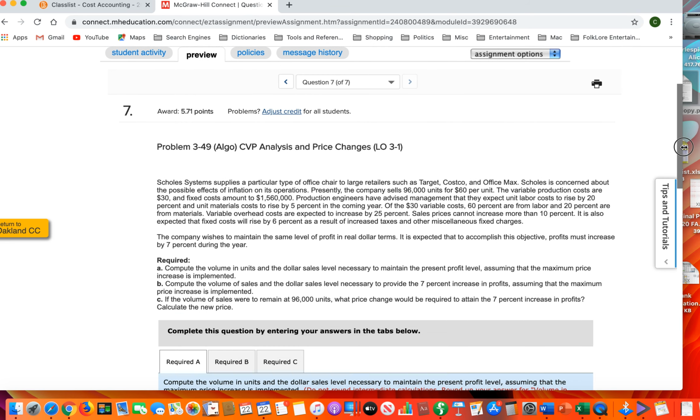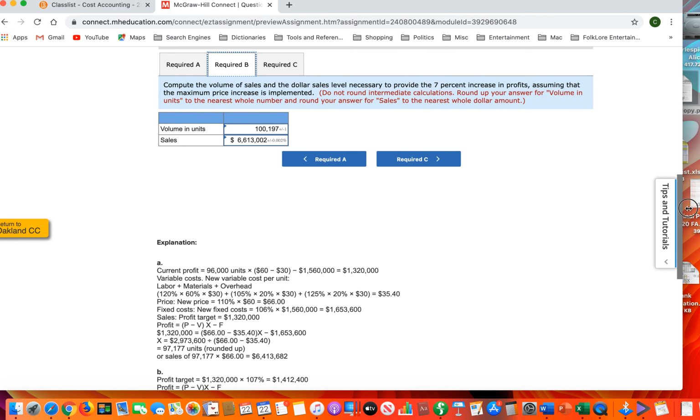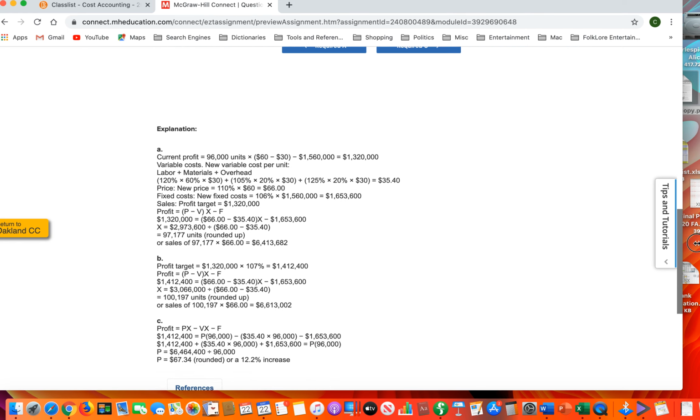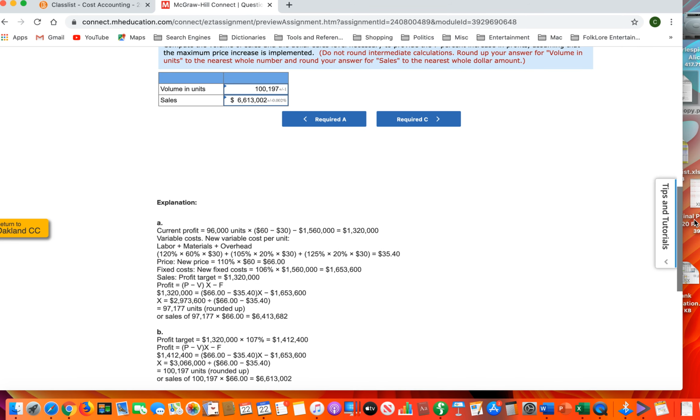Now their numbers are a bit different because of rounding, apparently. I get 100,177, and that throws off the volume and sales by about 2,000. It has to do with rounding and the method they're using.